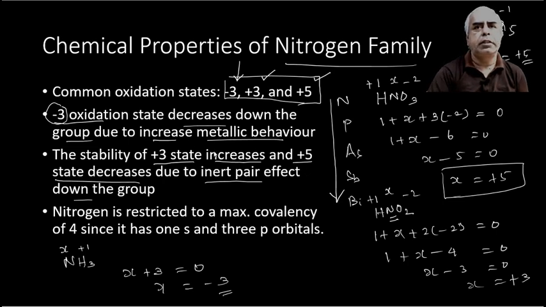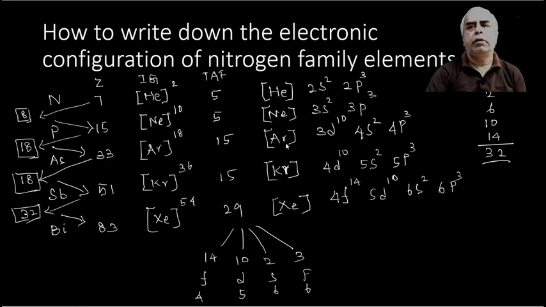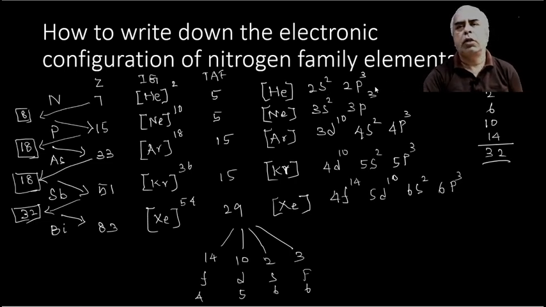Let us analyze the electronic configuration. Let us go back and we have got the various shells here. For nitrogen, there is no d block, and for phosphorus also there is no d block, whereas the d block starts only from arsenic.